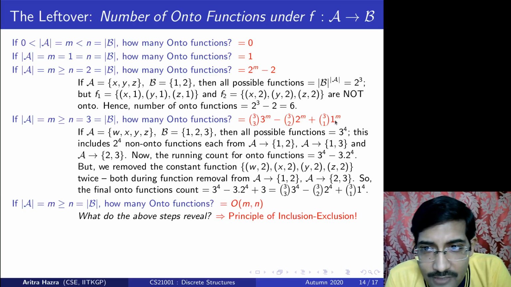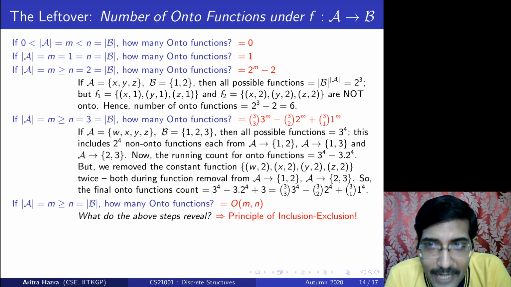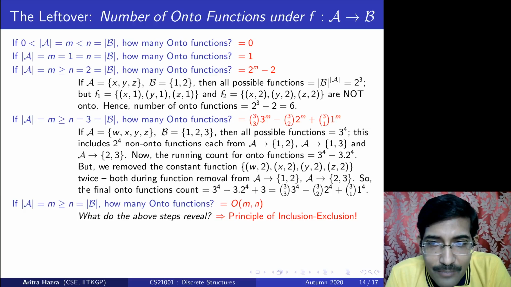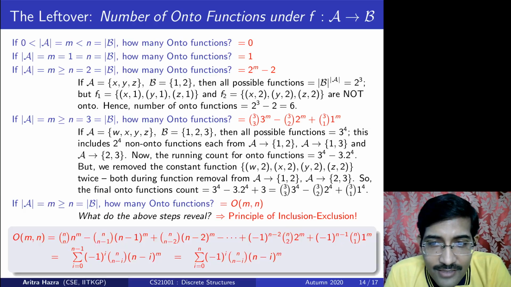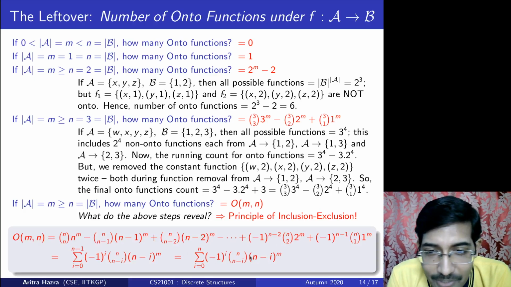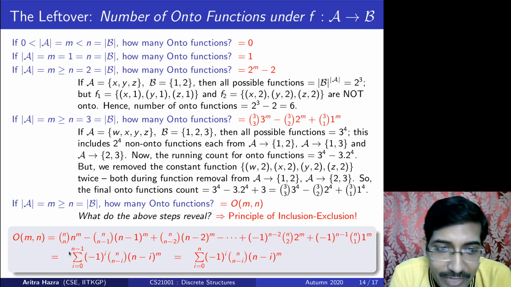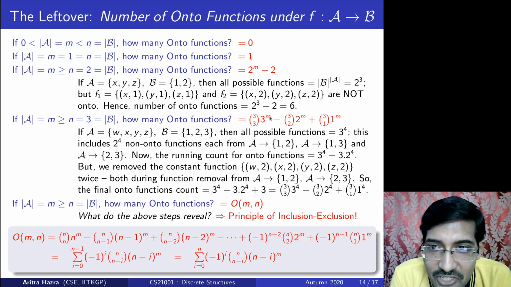Looking at this formula of inclusion exclusion, you can now think of, let's say, m elements to n elements, how many onto functions are possible. This is the magic number. To start with, it looks horrible, but let me explain with whatever we have done with n equal to 3. It is just nCn into n to the power m, that is 3C3 into 3 to the power m, as our n is 3 here.